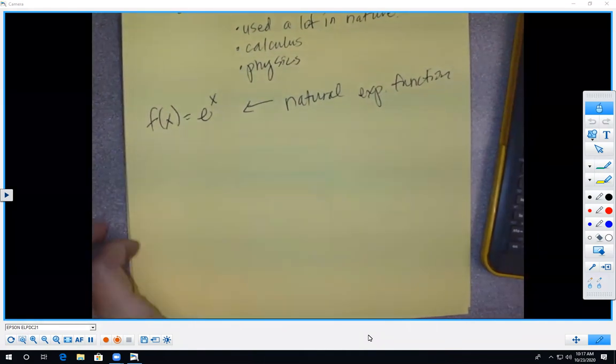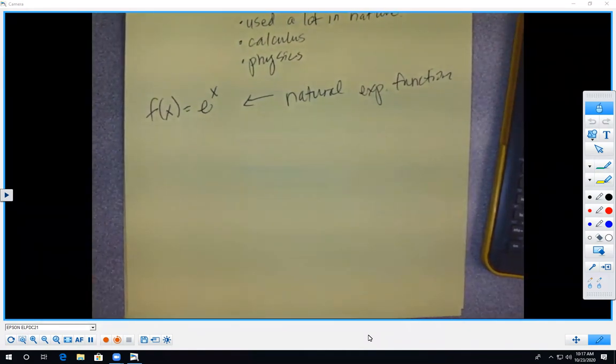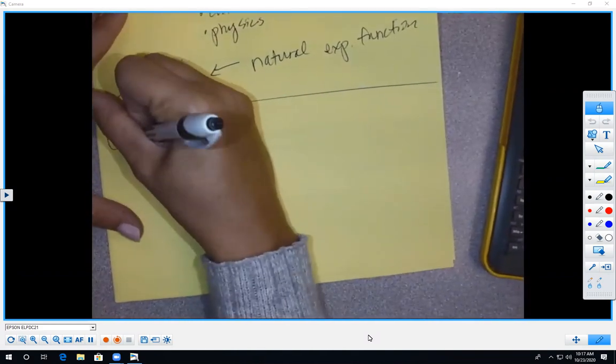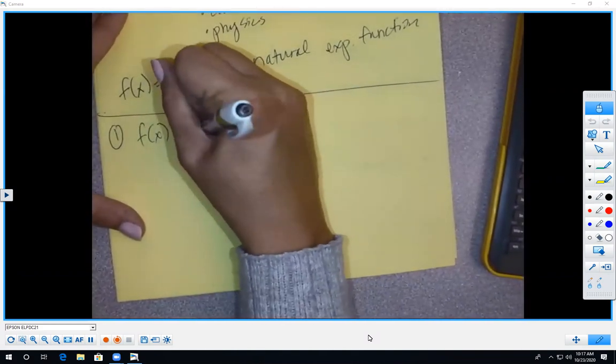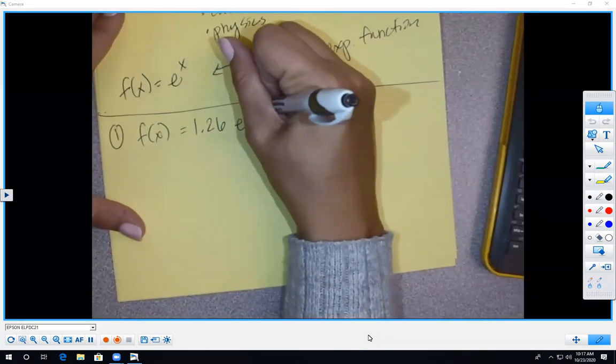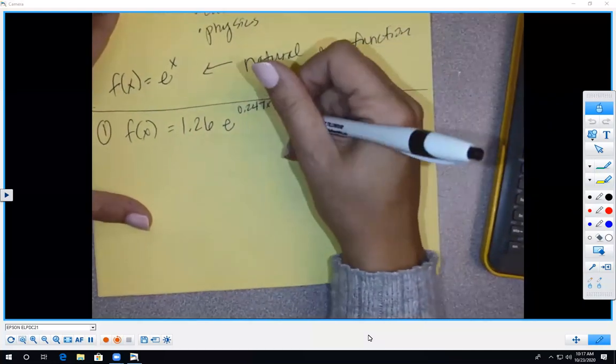Okay, so let's do a word problem like that with the population. Here's our word problem for that one. f of x equals 1.26 times e to the 0.247x.